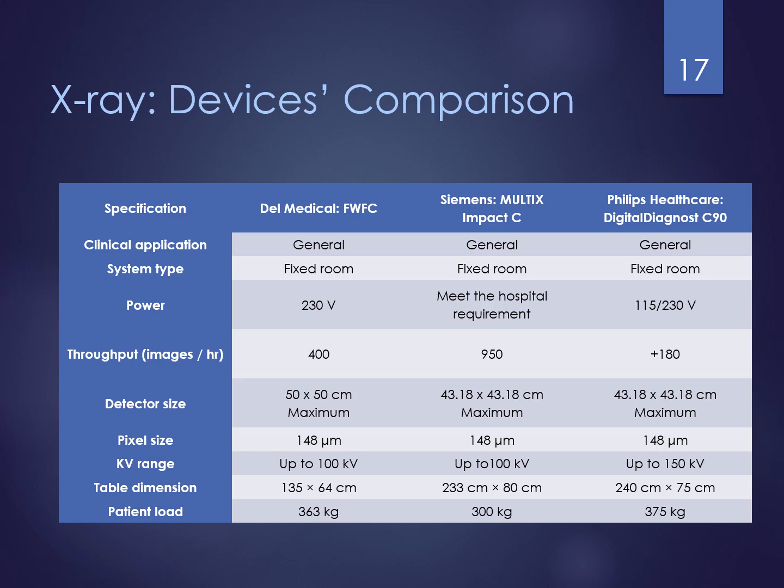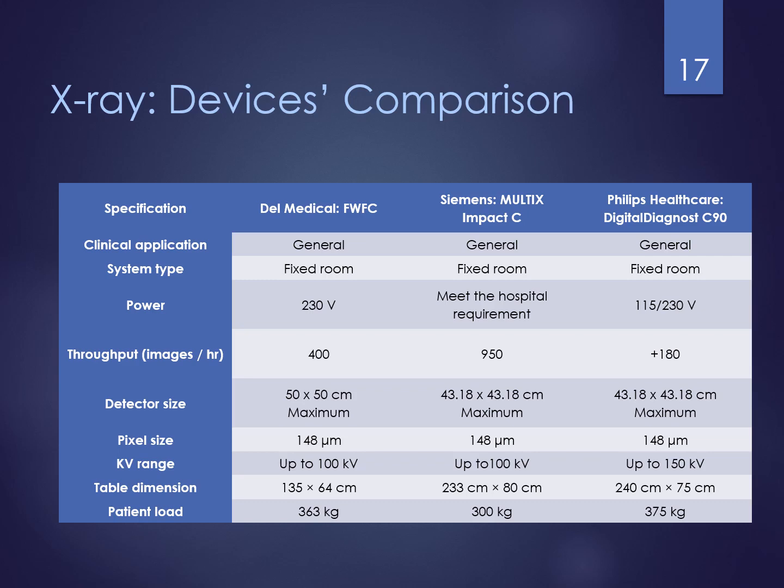For the power, the Dell Medical FWFC operates at a voltage around 230, the Siemens machine is as the hospital requires, and the Philips is either 115 or 230 volt.